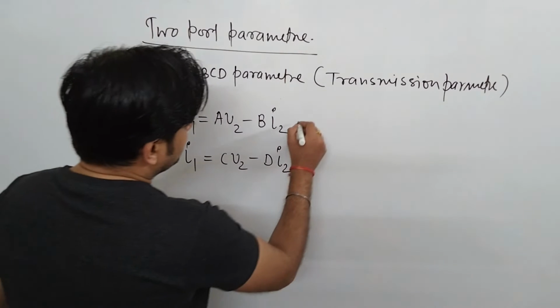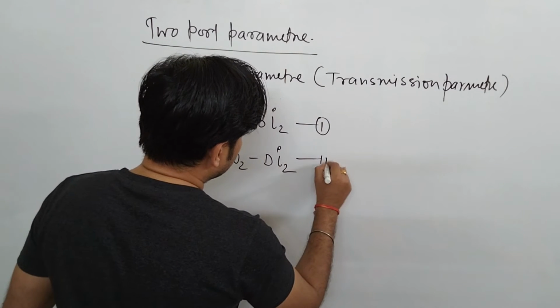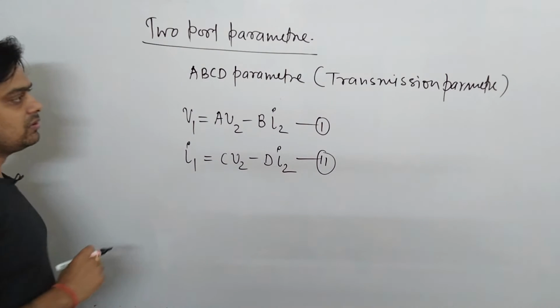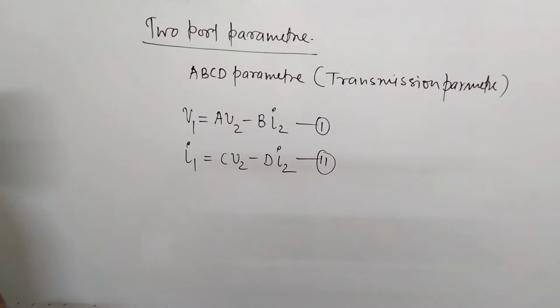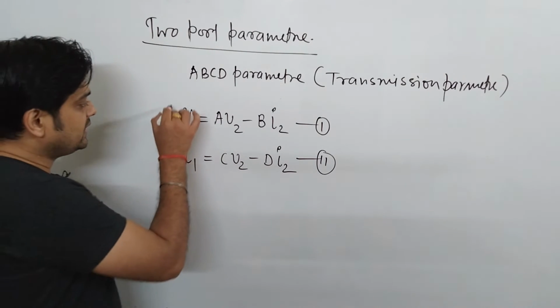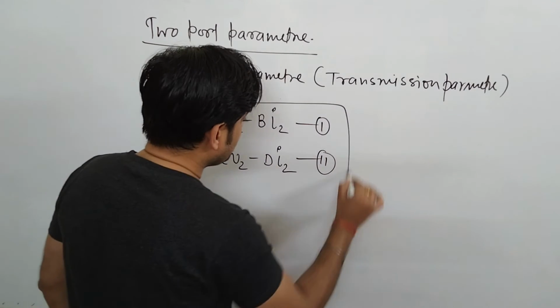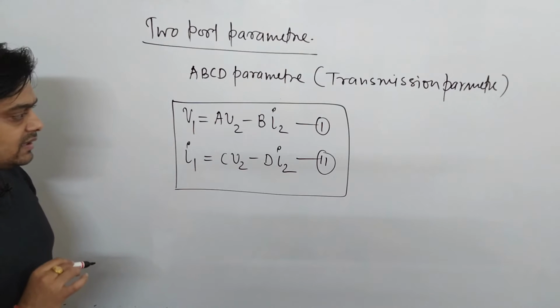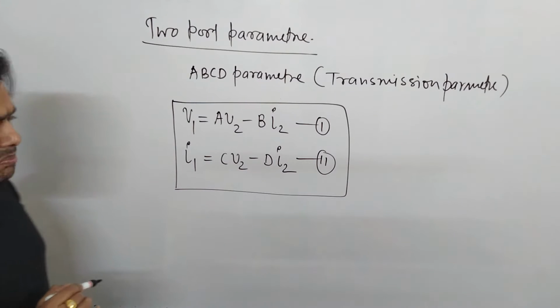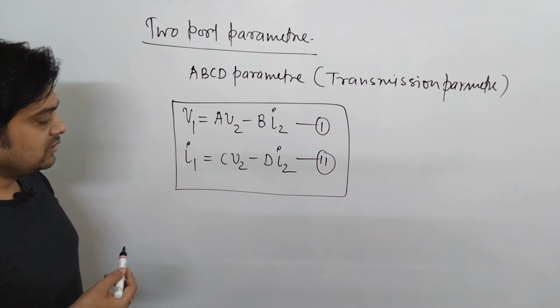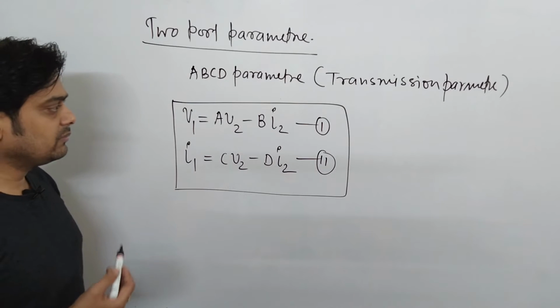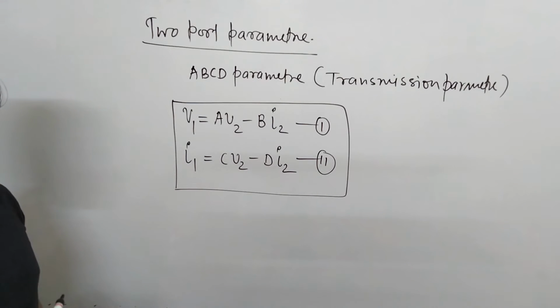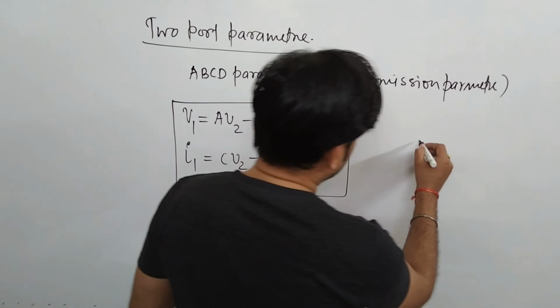So this is equation 1, this is equation 2. This is known as the equation for ABCD parameters, and it is represented in this form. You must remember these equations, and they will be easily remembered once you go through a number of problem solving sessions.